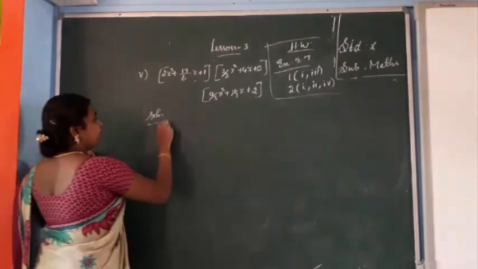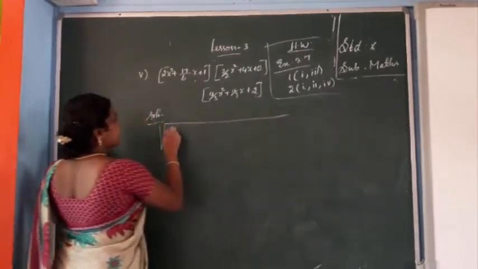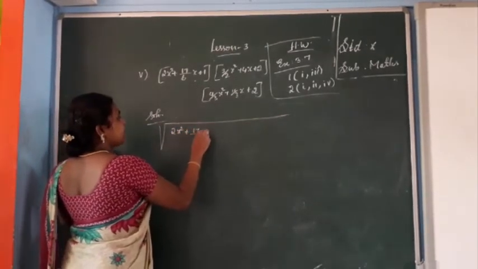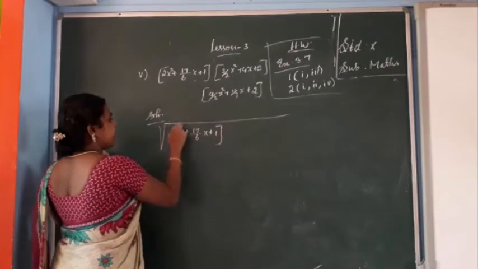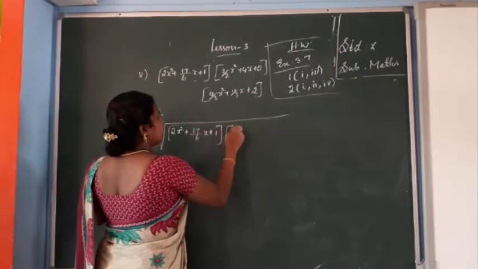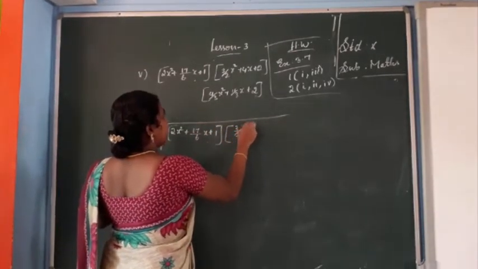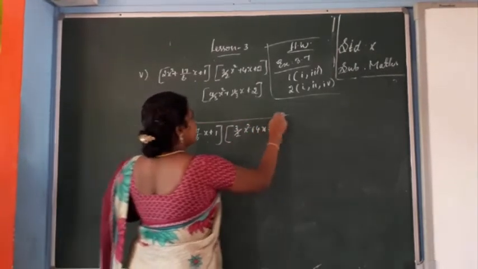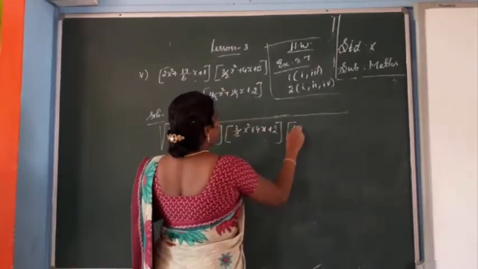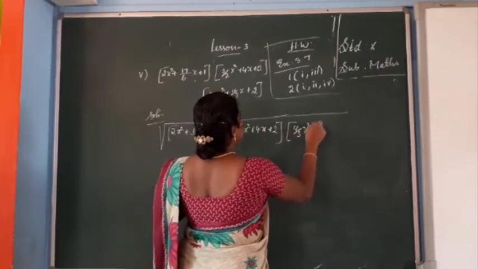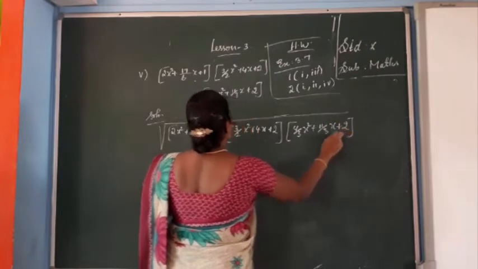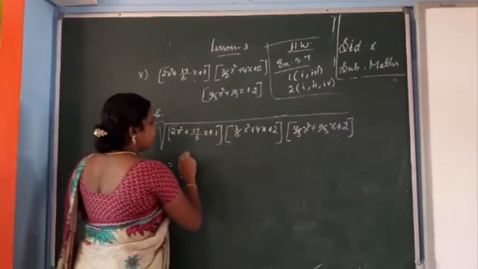Square root of, you have to write the square root in the first line, don't forget. 2x square plus 17 by 6x plus 1, this is the first term. Then the second term is 3 by 2x square plus 4x plus 2. The third one is 4 by 3x square plus 11 by 3x plus 2, equal to square root of.